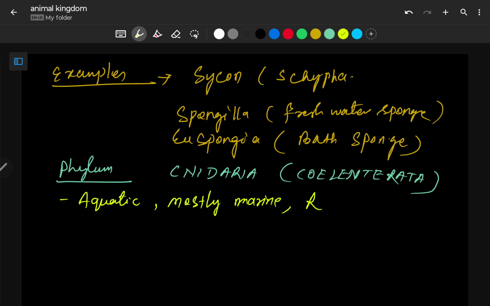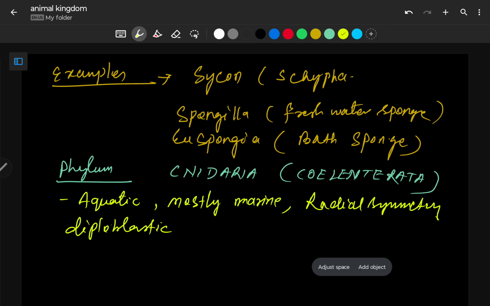They are having radial symmetry. They are diploblastic. I'm not telling you the meaning because I have already discussed what is radial symmetry, what is diploblastic. So these are the organisms having outer ectoderm, inner endoderm, in between which the mesoglea is present, and they have tissue level of organization.